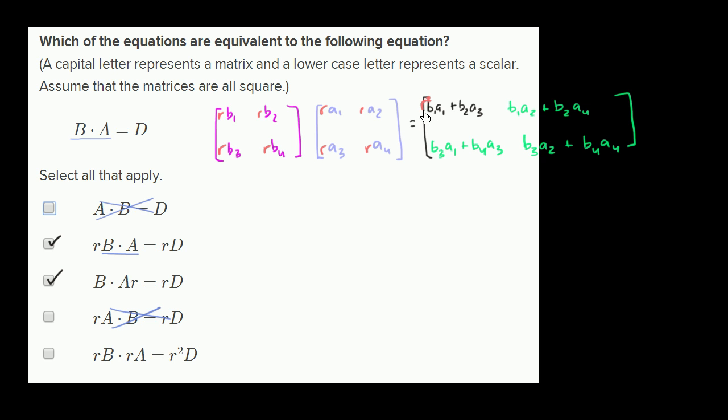And I apologize that it's kind of getting a little messy right over here. And then the second term is going to be RB2 times RA3, which is going to be R squared B2A3. And we keep going. We're going to put an R squared in front of everything. So this is going to be the same thing as the scalar R squared times the matrix D. So that is also true.